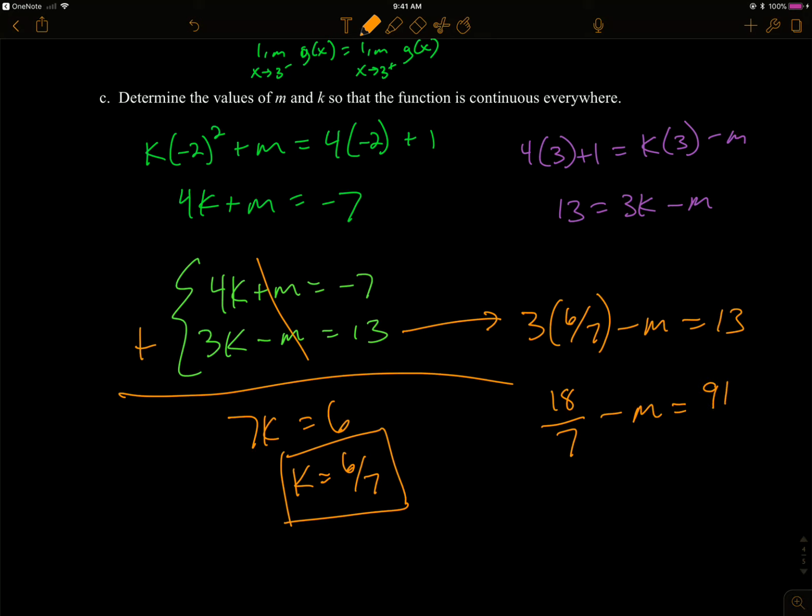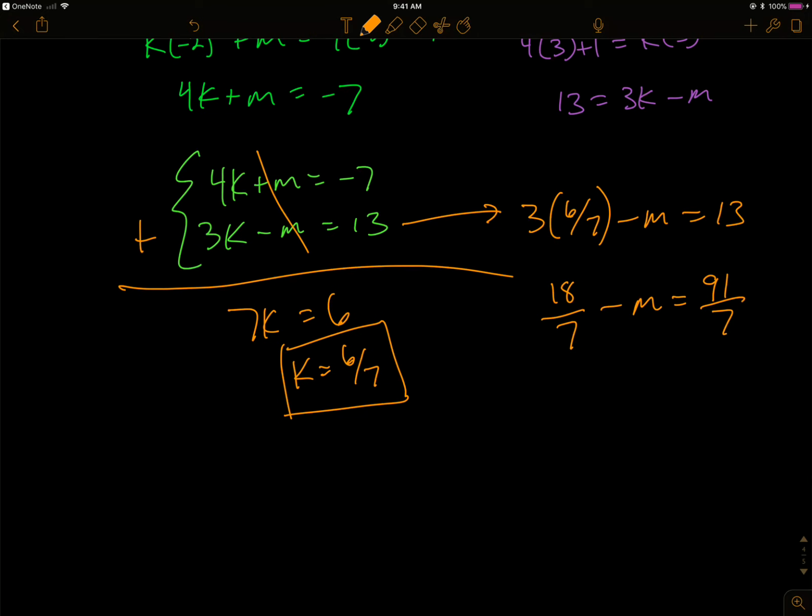I'll change that into sevenths, would be 91 sevenths. 13 times 7, 10 times 7 is 70, 3 times 7 is 21, 91. So then I get negative m equals, I subtract my 18 sevenths. 91 minus the 18 is 73 sevenths. And then I deal with that negative. And there we go. Long video, but you only have one.